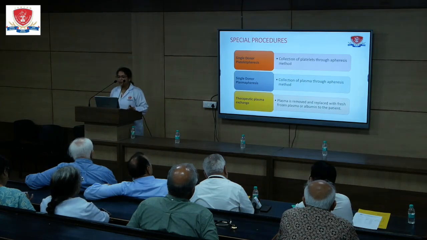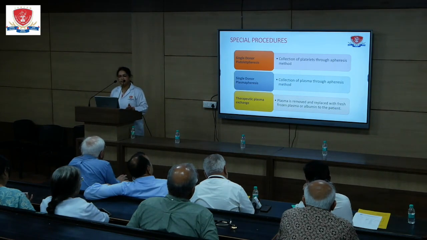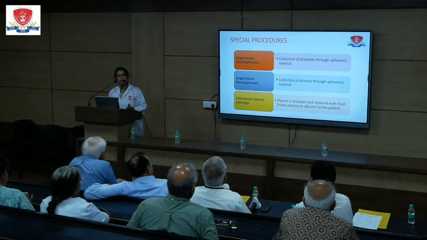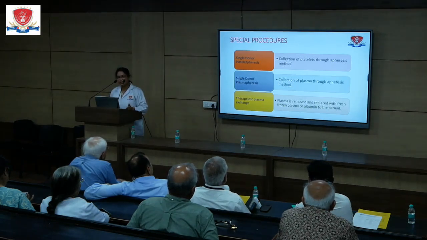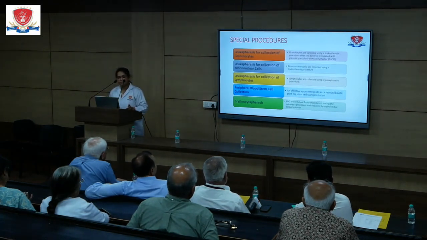I'll be enumerating the different special procedures that we have. The first one is single donor platelet pheresis, which is the collection of platelets through the apheresis method. Single donor plasma pheresis, or collection of plasma through the apheresis method. Therapeutic plasma exchange, that is plasma removed and replaced with fresh frozen plasma or albumin to the patient. Leukapheresis for collection of granulocytes; the granulocyte collection is done after the donor is stimulated with granulocyte stimulating factor.